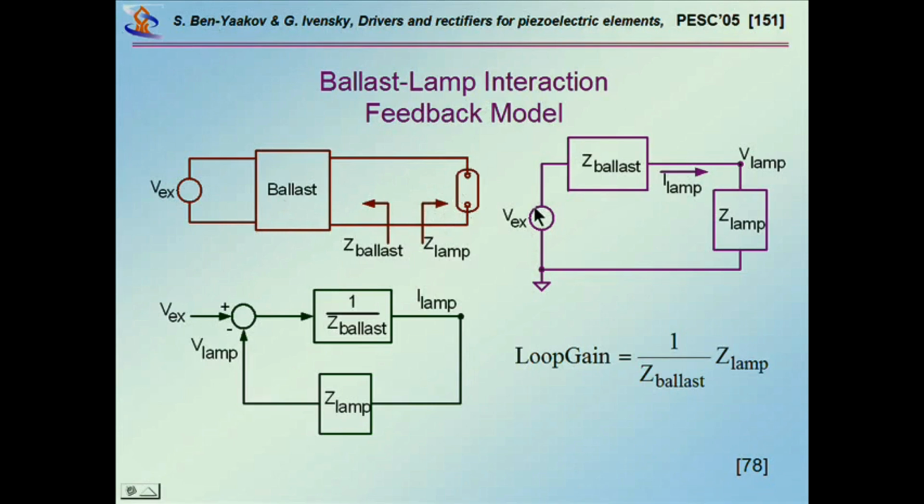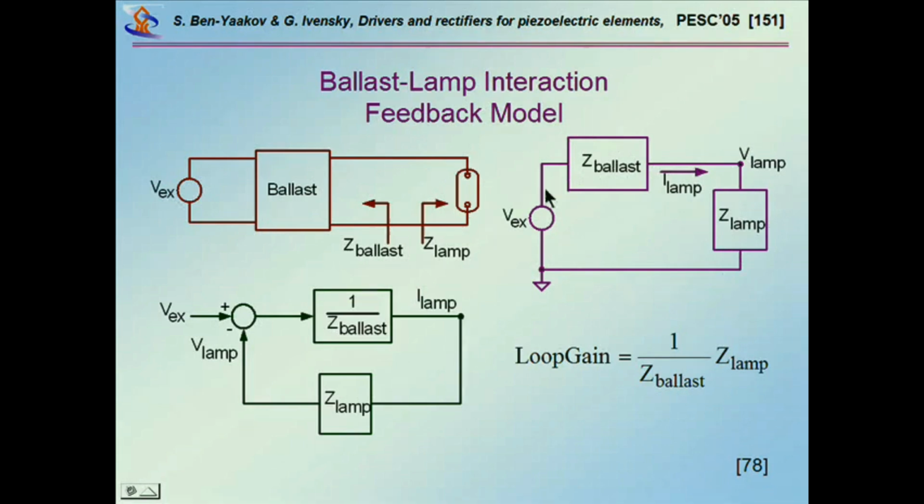Look at this. The ballast is a voltage source and has an internal impedance, looking here. And this is your load, the lamp. So you have a voltage imposed on this ballast, generating a current, and this current is flowing through the lamp.